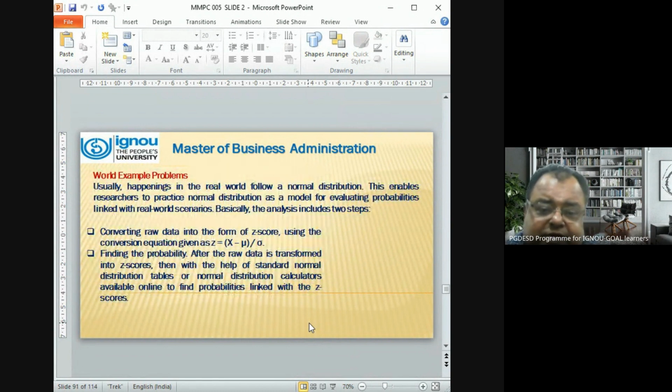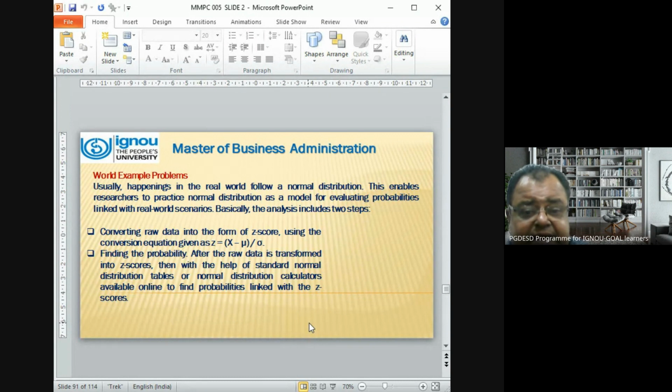Now see, events usually happening in the real world follow a normal distribution. This enables researchers to practice normal distribution as a model for evaluating probabilities linked with real world scenarios.